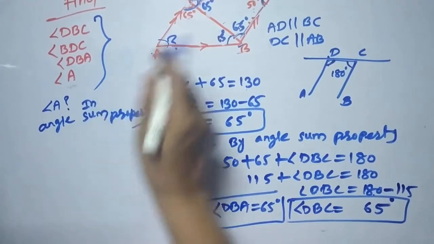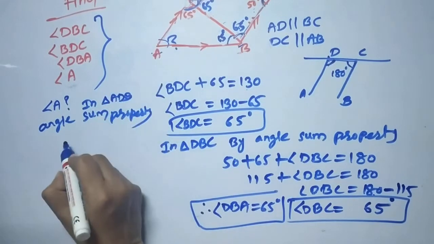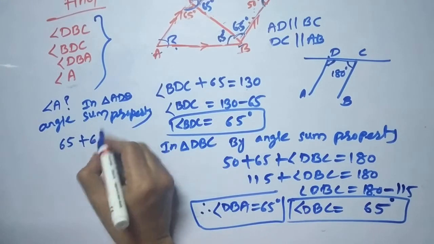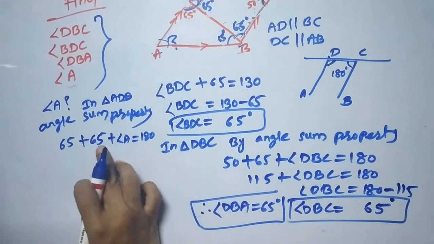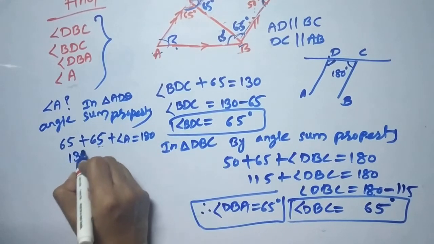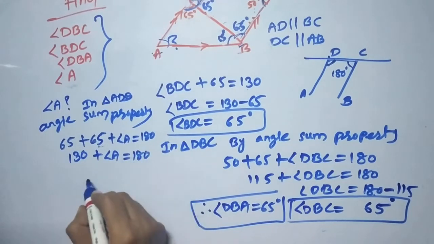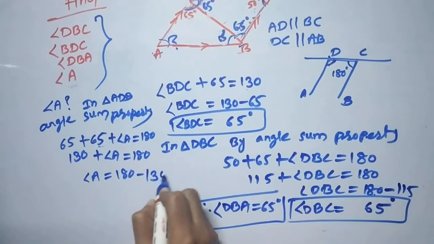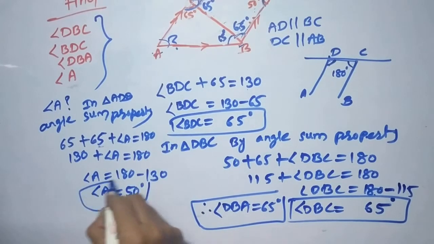And where are we using the angle sum property? In triangle ADB. 65 plus 65 plus angle A is equal to 180. So 65 plus 65, 130, plus angle A is equal to 180. So 180 minus 130. Friends, angle A is going to be 50 degrees here.